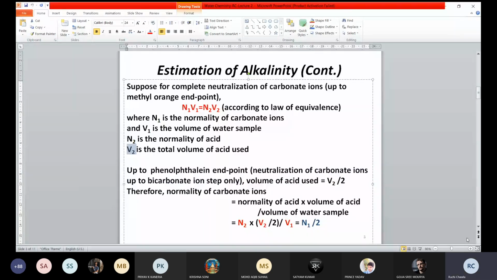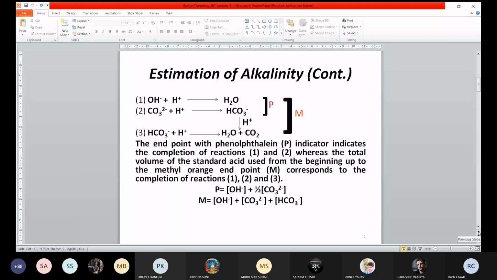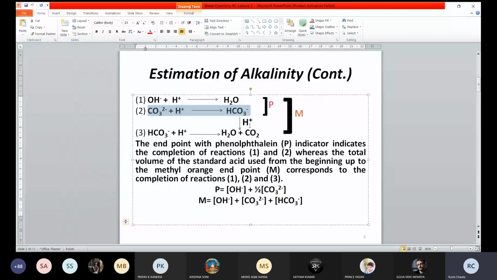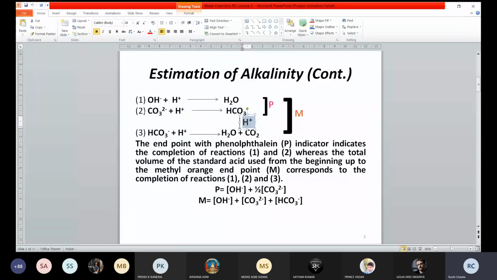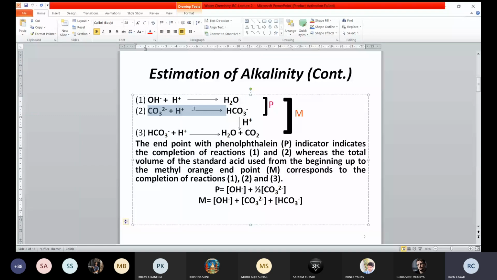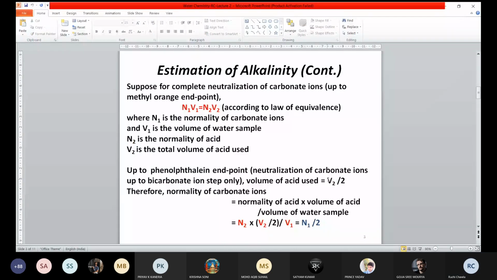You can go back and look at the equations. These are balanced equations. The concentration of acid is the same for both the steps. So what about the volume? If total volume required is V2, how much volume will be required for half? Half the volume. Yes, that is absolutely right. So that is why we have shown V2 by 2 over here.